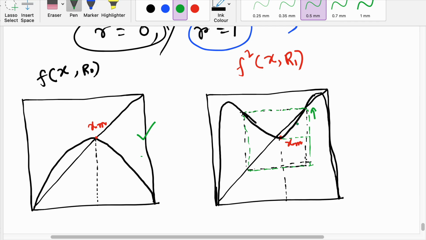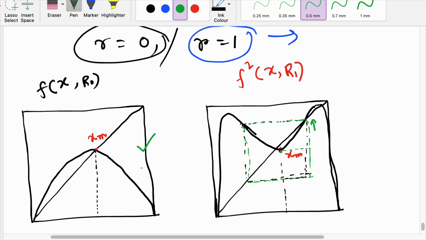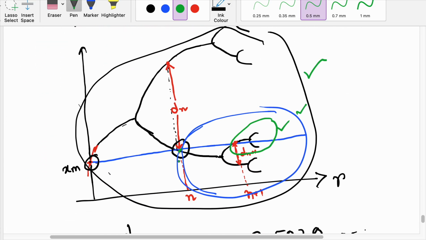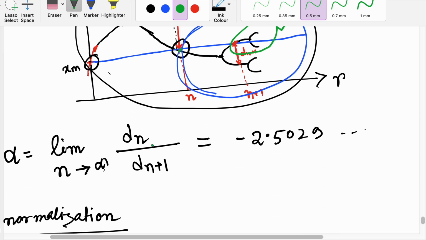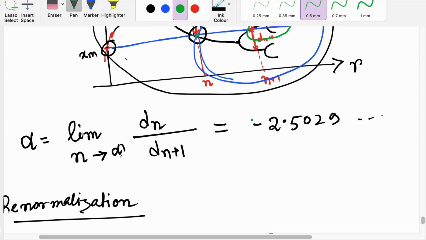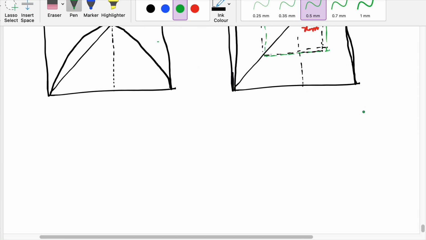We know these two points will be the fixed points of the superstable orbit, and from here we know that the distance between the superstable orbits maintains a ratio which is actually universal, which is minus 2.5029.